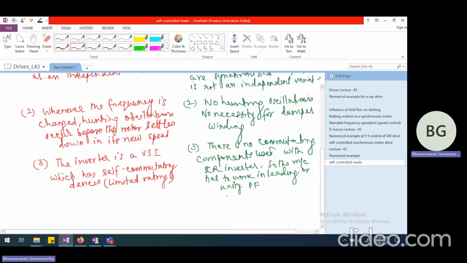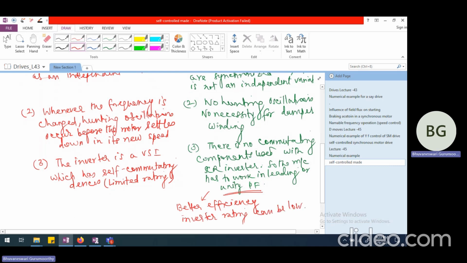And because it is unity power factor, most of the time all the current drawn by the synchronous motor will be converted into mechanical power. So this will have better efficiency, and the inverter rating can be lower.